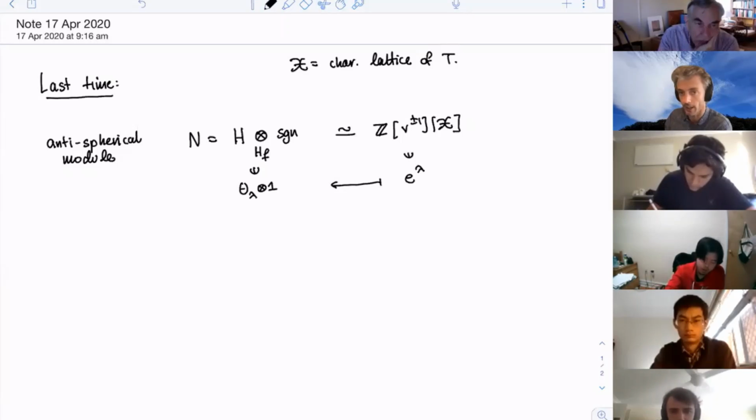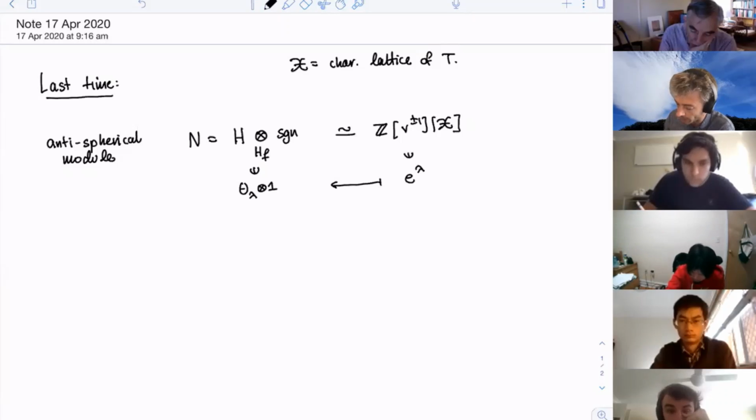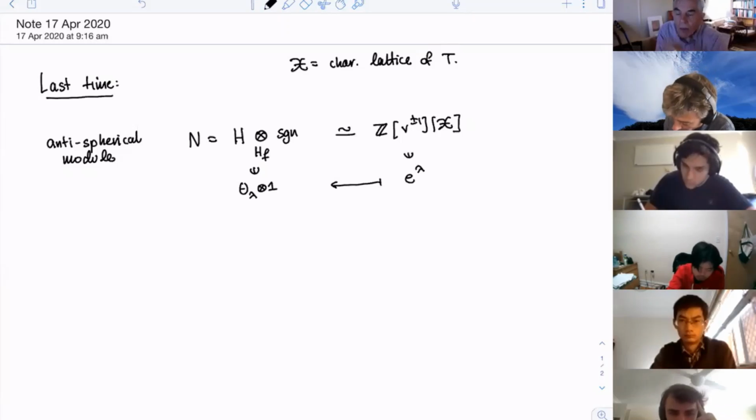So remember that the affine Hecke algebra has a Bernstein presentation, and in the Bernstein presentation you have this lattice part and this finite part, and performing this induction basically means that the finite part is killed and we're left with this lattice part. And by abuse of notation I denoted this theta lambda.